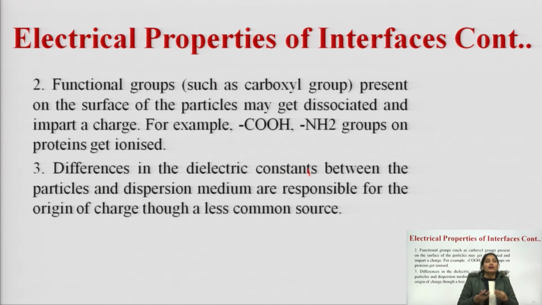The third one is the difference in the dielectric constant between the particles and the dispersion medium. This is also responsible for the origin of the charge, but it is a less common source.